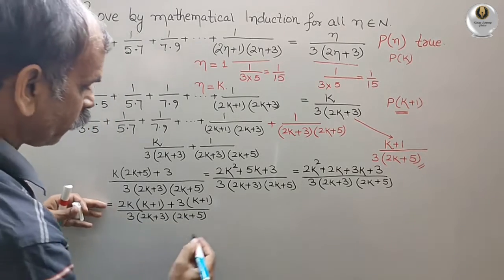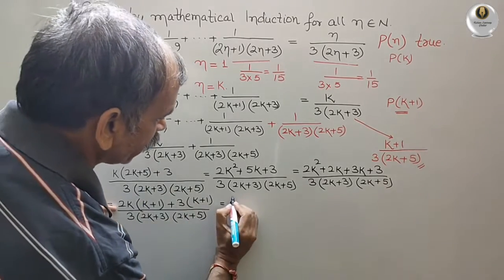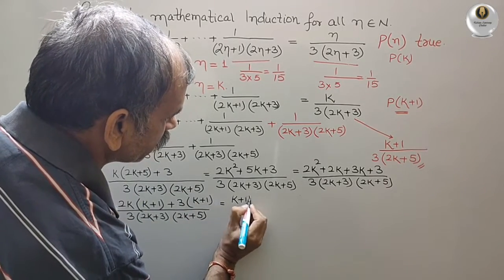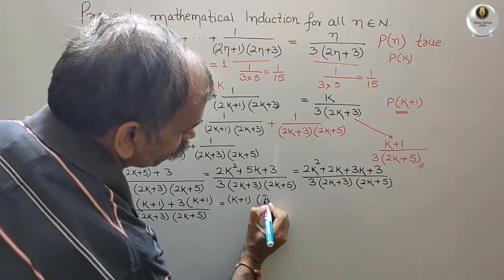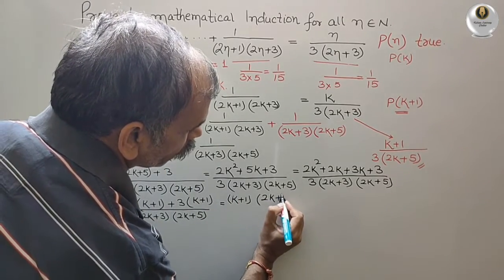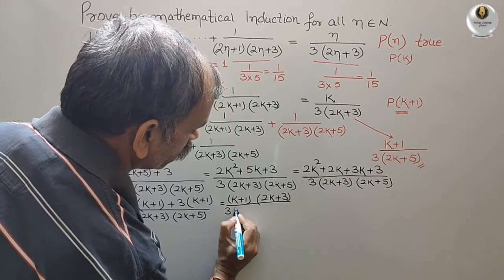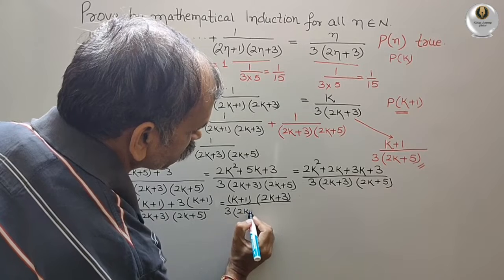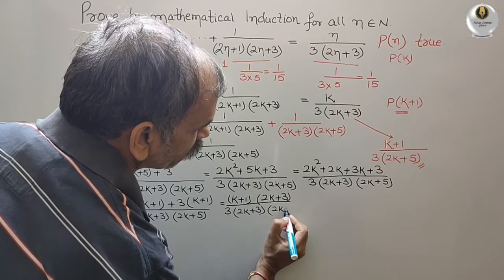Now if you see the factors, it will be (k plus 1) into (2k plus 3) by 3 into (2k plus 3) and (2k plus 5).